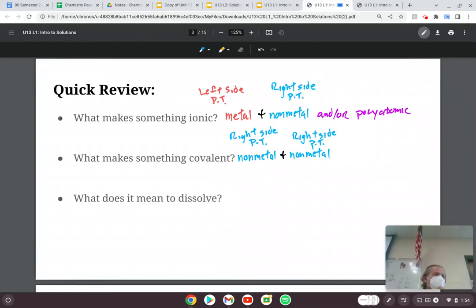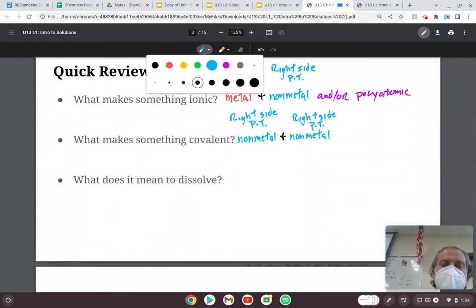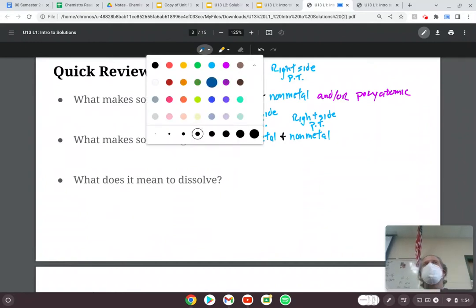And then the other thing is, what does it mean when something dissolves? When I was a little kid, I thought of something dissolving, which really isn't true, I was definitely way wrong. The Wizard of Oz had two very scary things for me.